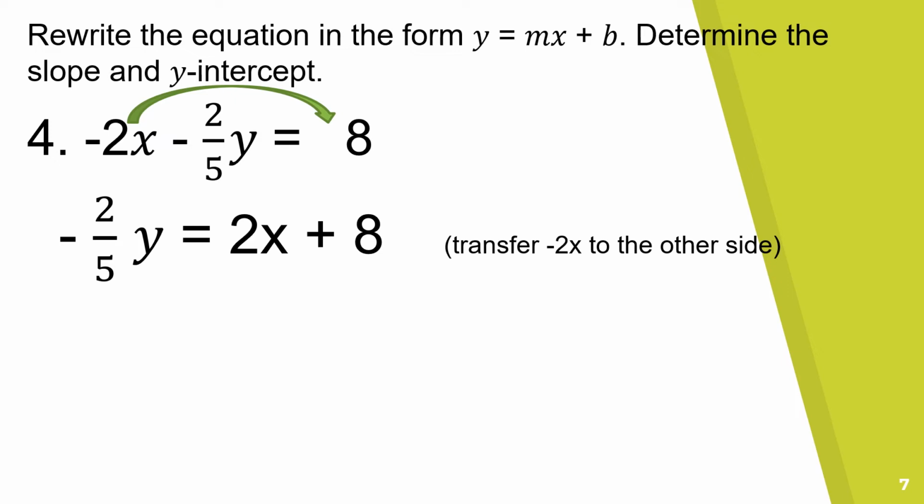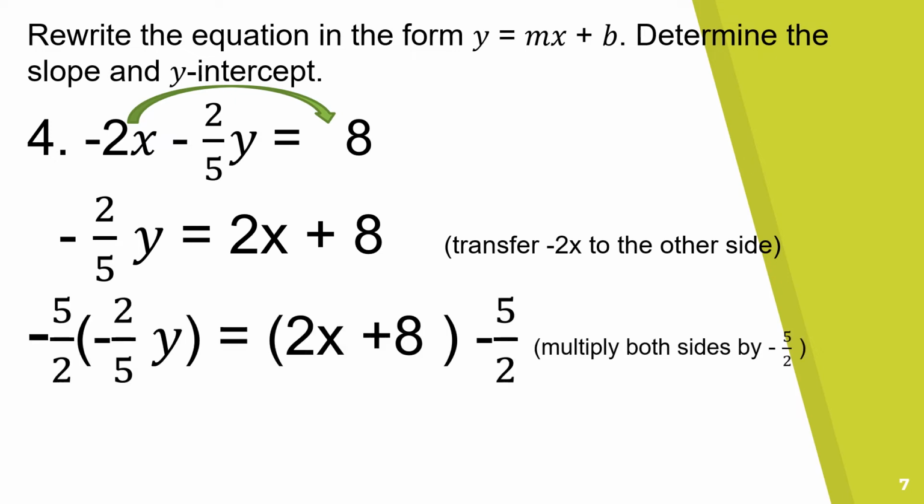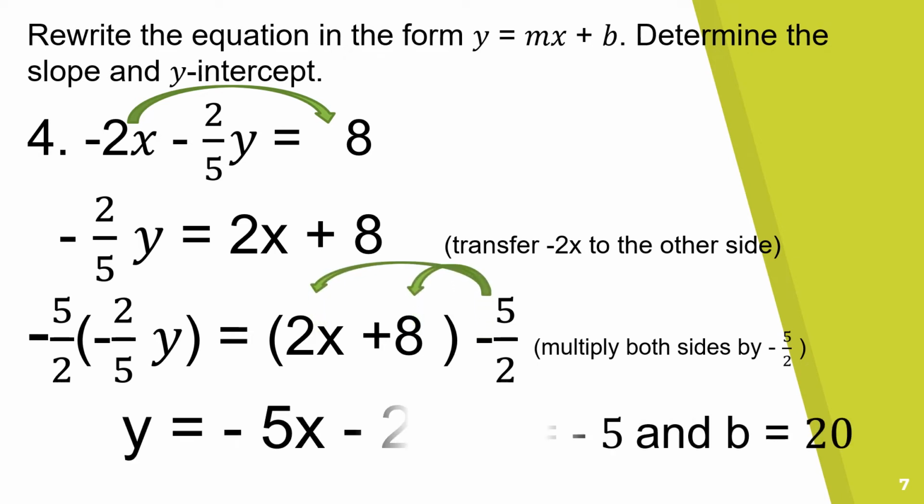Multiply both sides by negative 5 over 2. So maiwan y na lang. 2 times negative 5 over 2, negative 5x. 8 times negative 5 over 2, negative 20. Di ba 8 times 5, 40. Divide to 2, 20. So m is negative 5, b is negative 20. Yun. Next.